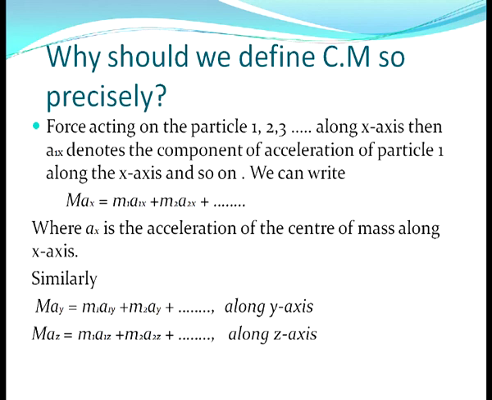Therefore, we can write the force M ax along the x-axis equal to m1 a1x plus m2 a2x plus so on, where ax is the acceleration of the center of mass along the x-axis. Similarly, we can write the equation along the y-axis as well as the z-axis, which is M ay equal to m1 a1y plus m2 a2y plus so on, and similarly M az equal to m1 a1z plus m2 a2z.